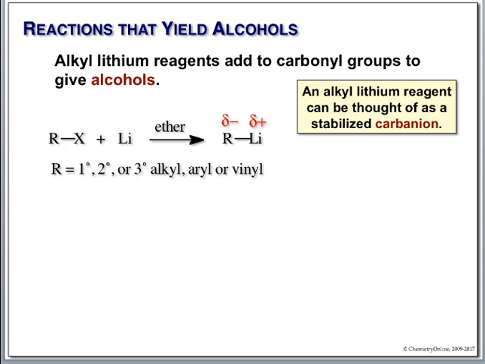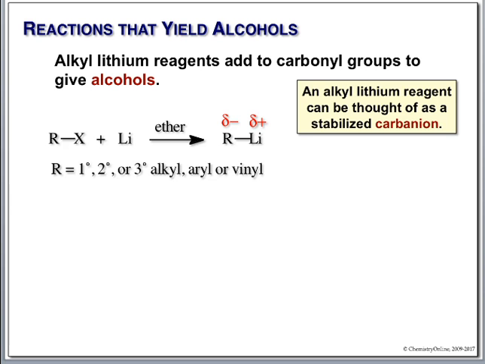And just like a Grignard, this end of the molecule, where the carbon is really negative. And it's a good nucleophile. So even though we're changing from magnesium to lithium, the chemistry is going to be the same. This could be up to tertiary, alkyl, aryl, or vinyl. I mean, this just is really, really versatile.